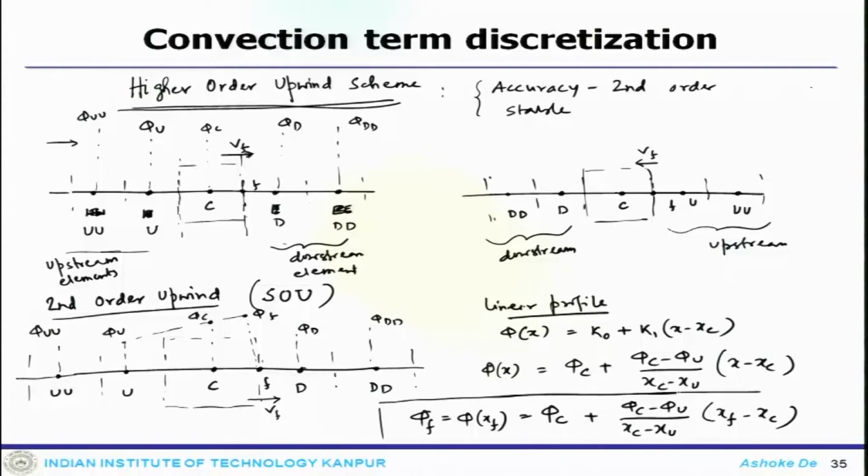So, that is how you get the face value, and if you have a uniform grid, then this phi f boils down to 3 by 2 phi c minus half phi u. So, that is the special case if you have a uniform grid to calculate this information.